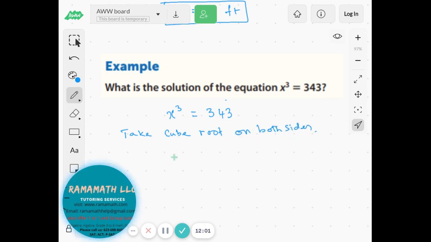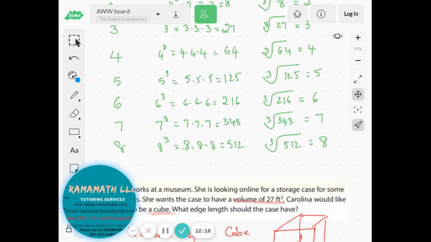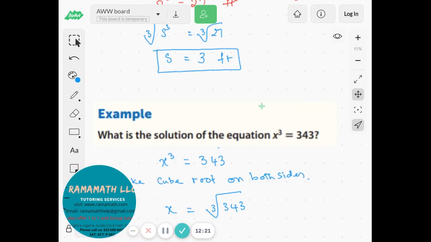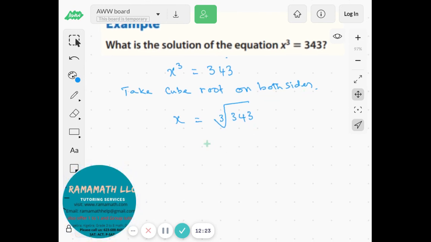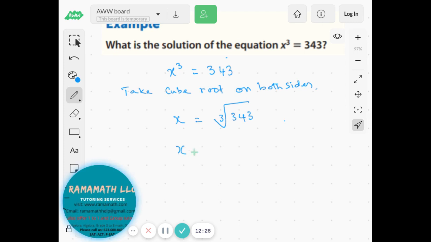When I take the cube root on both sides, I get x on this side, and the other side is the cube root of 343. If you look at the table that we went through already, 343 gives me 7. So my answer is x is 7. That's it. That's simple, if you know them. If you don't memorize them, you have no idea what is going on.